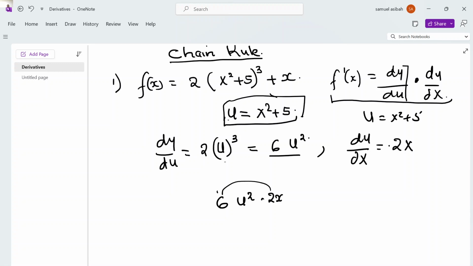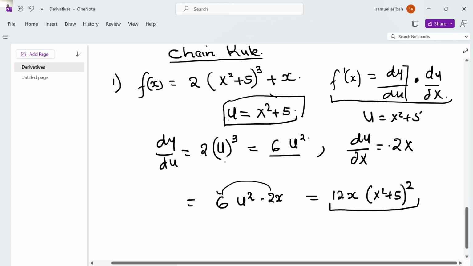So we can multiply these first and get 12x. What is our u? So we can go back and substitute our u. Our u is x squared plus 5, then raised to 2. And that is it. That is how we use the chain rule.